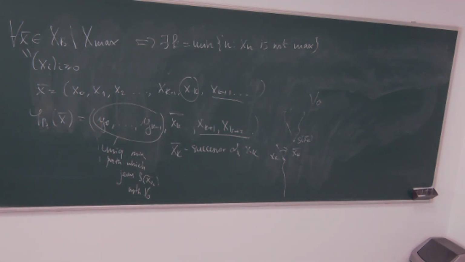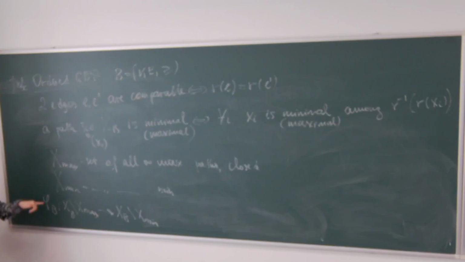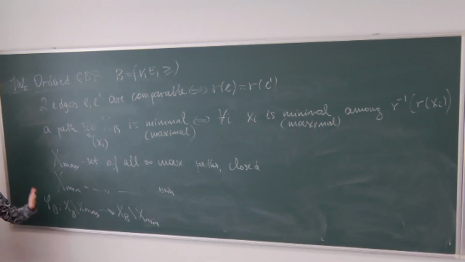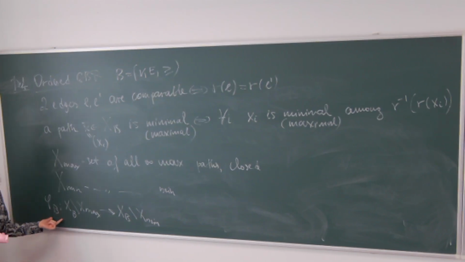And now if it is possible to prolong this map to the whole path space X_B, mapping all maximal paths onto all minimal paths in such a way that we get a Borel automorphism, then we have a generalized Bratteli-Vershik system. For standard Bratteli diagrams, we want to have a homeomorphism.